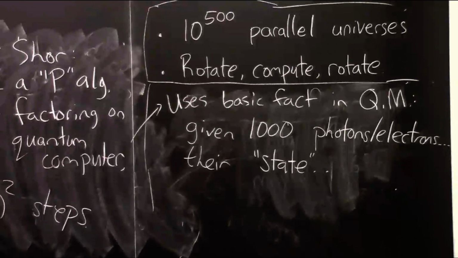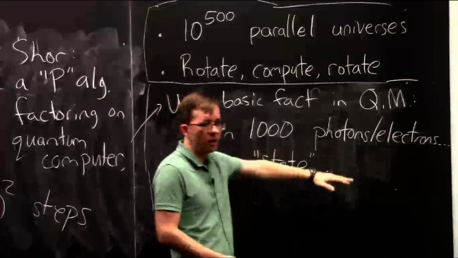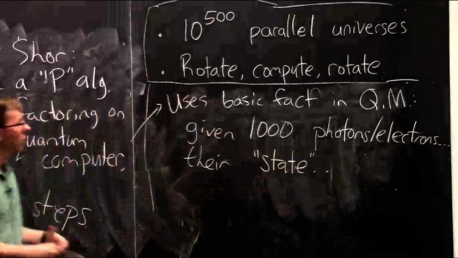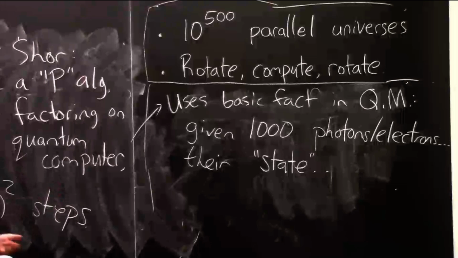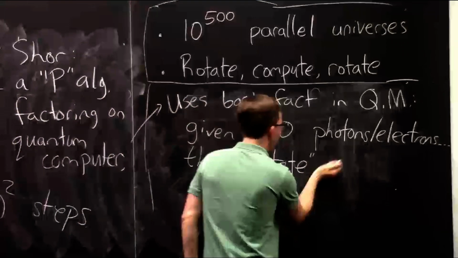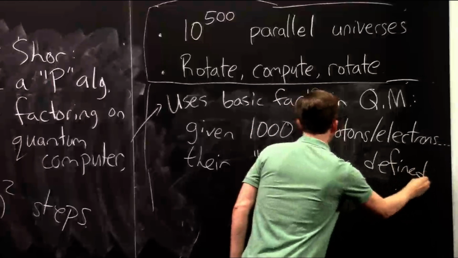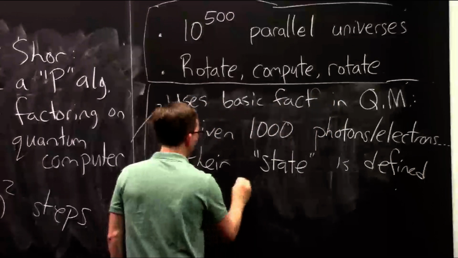Or if you also incorporate its velocity, then it has 3 position numbers and 3 velocity numbers, that's 6 real numbers. Well, quantum mechanics tells us that if you have 1,000 photons and you're interested in the joint state of their polarization, whatever that is, then their state is defined by a bunch of numbers. And it's like 2 to the 1,000 numbers.